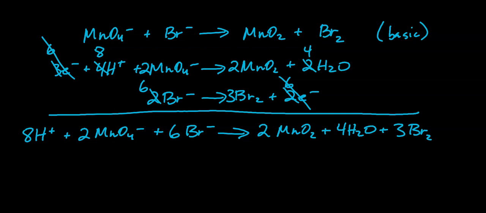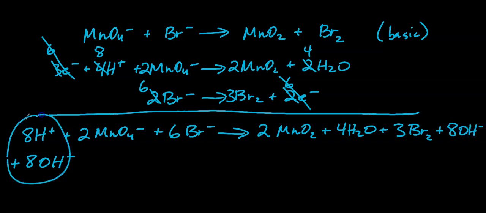And what it says is we're going to add OH minuses, the ion that makes the solution basic. So you're going to add the same number of OH minuses as there are H pluses to where? That's right, both sides. So I'm out of room on the screen, so I'm going to do plus 8 OH minus on the left, plus 8 OH minus on the right. Now, 8 H pluses and 8 OH minuses make 8 waters.